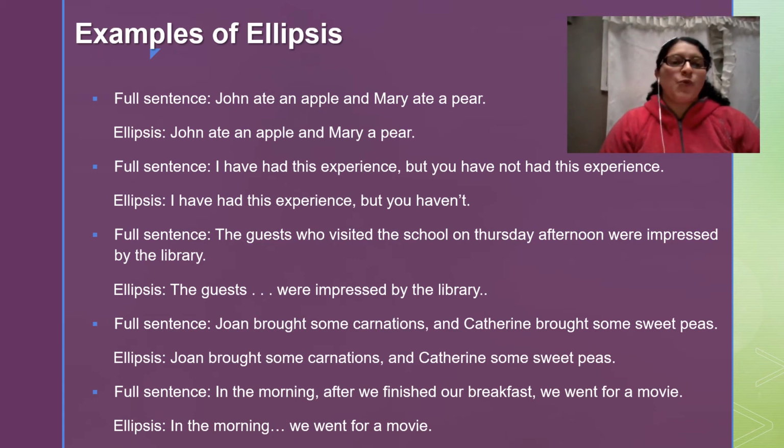The sentence with ellipsis says, I have had this experience, but you haven't. Here, the omission of not had this experience does not change the sense of the sentence and it still sounds coherent.